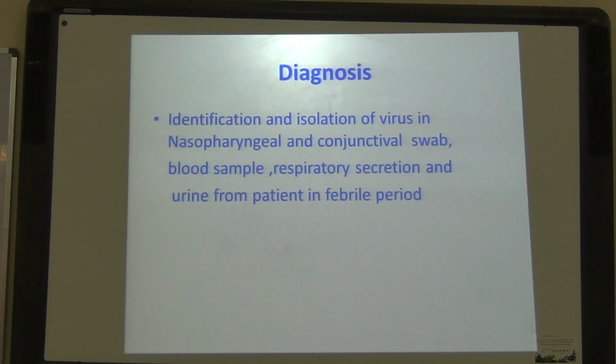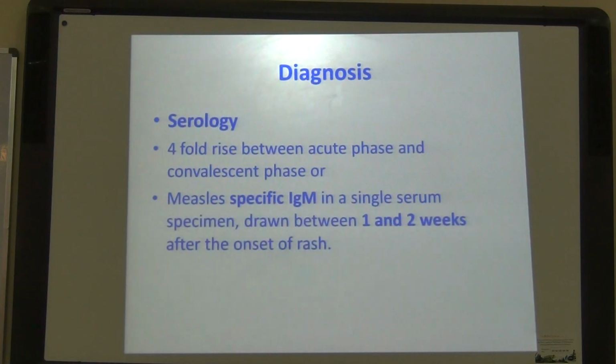So what are the samples which are taken? The nasopharyngeal and conjunctival swabs, blood samples, respiratory secretions, and urine from the patient in the febrile period. These are taken, and the virus can also be isolated in a reference lab.